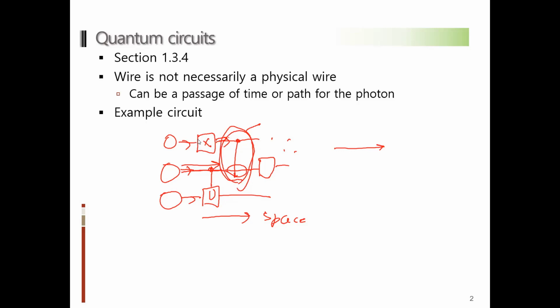What happens is we apply the action corresponding to an X gate or U gate or CNOT gate or whatever gate on these qubits. So there is some conceptual difference between the photon quantum circuit and the circuit for the rest of the types of physical qubits.